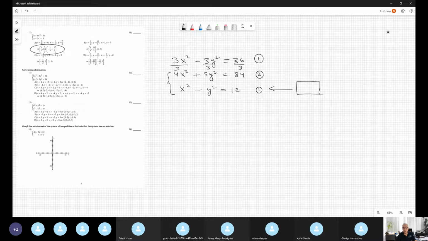What is the objective? What is the goal? The goal is to have negative 5y squared and positive 5y squared ready for elimination. So I copy one more time equation 1 after the multiplication by 5: 5x squared minus 5y squared equals 60. 60 was the multiplication of 5 and 12.